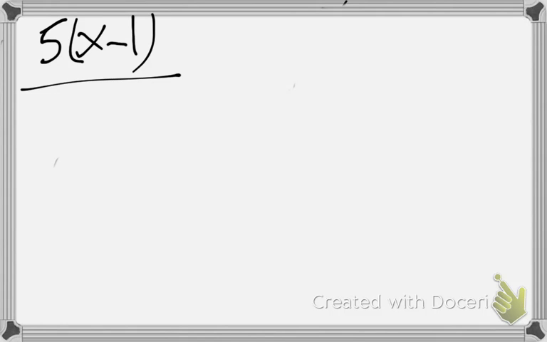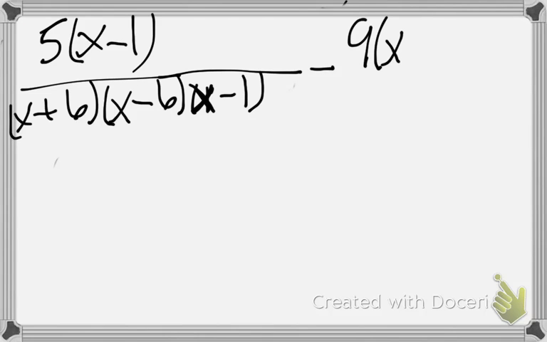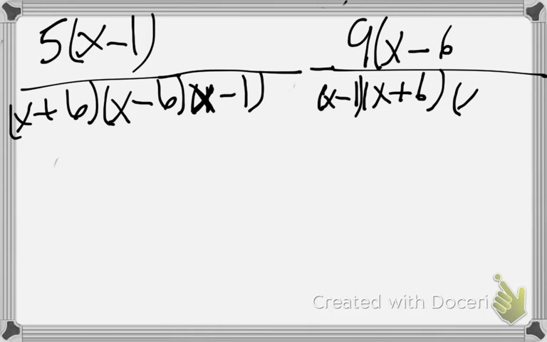Okay, so we know we had, again, we have to rewrite all this, 5x minus 1, x plus 6, x minus 6, x minus 1, and then minus 9, x minus 6 over x minus 1, x plus 6, x minus 6.